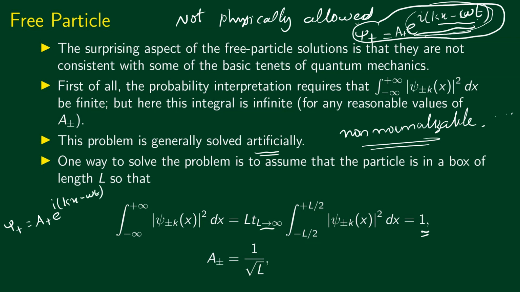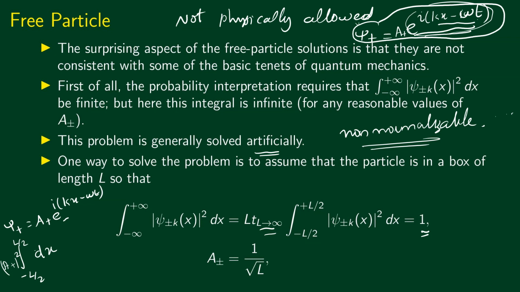We take the integral from minus L by 2 to L by 2 of modulus A plus squared, that is psi star psi. In psi star psi, exponential i(kx minus omega t) and exponential minus i(kx minus omega t) cancel each other, and here we are simply left with dx.